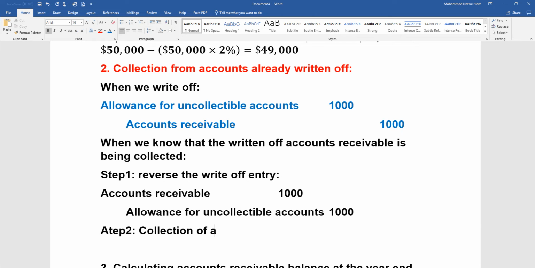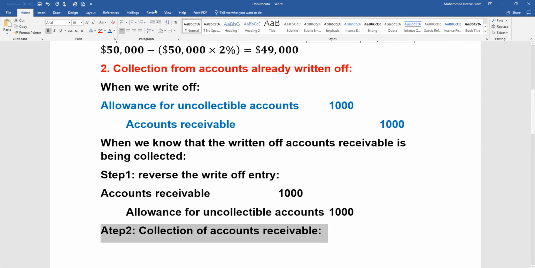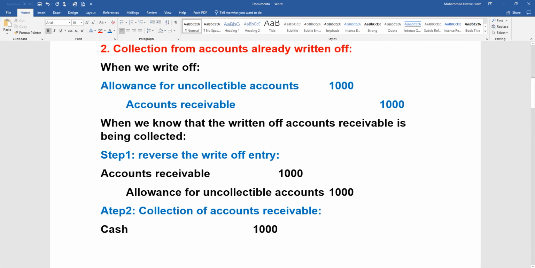And step number 2, collection of accounts receivable. Very simple. When we receive the accounts receivable, definitely we will debit cash. So cash debit, and accounts receivable credit.